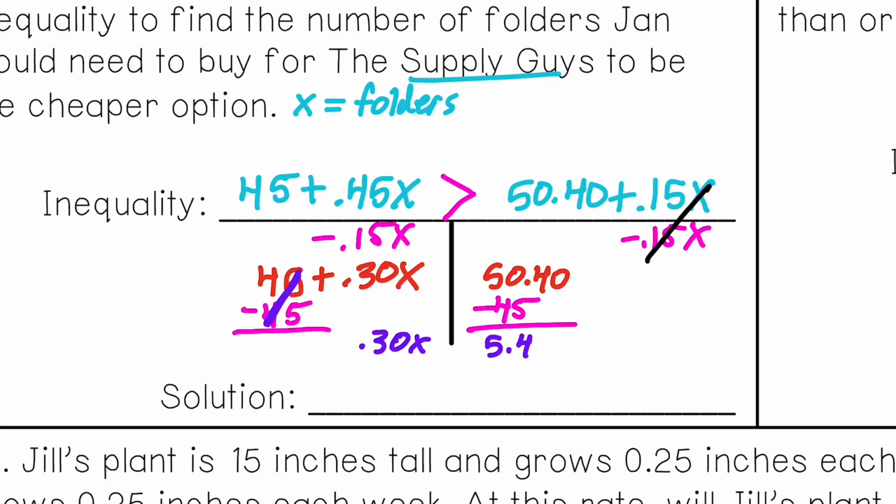All right, last step is we need to divide both of these by 0.30. And we are not dividing by a negative here, so that means we do not have to flip my sign. So 5.4 divided by 0.3 is going to give me 18.